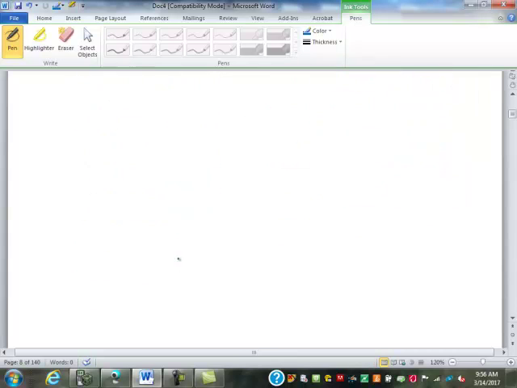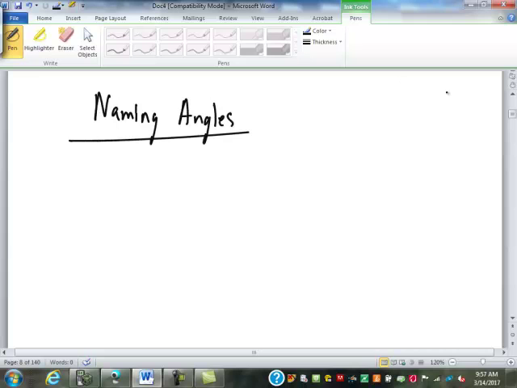So now that we have these calculations down, let's look at naming angles. To name an angle, there's actually several different ways to do it.